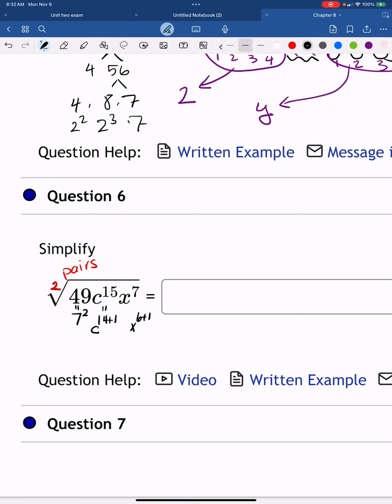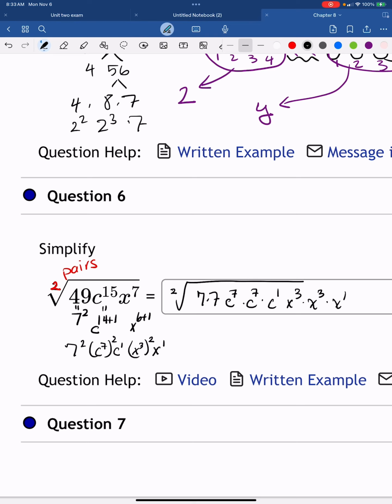So I'm trying to just pull out my even numbers, and then c to the 14th, that is c to the 7th squared, and x to the 6th is x to the 3rd squared, then times c to the 1 times 7 squared. So we are dealing with the square root of 7 times 7, c to the 7th times c to the 7th times c to the 1, and then we have x to the 3rd, x to the 3rd times x to the 1.